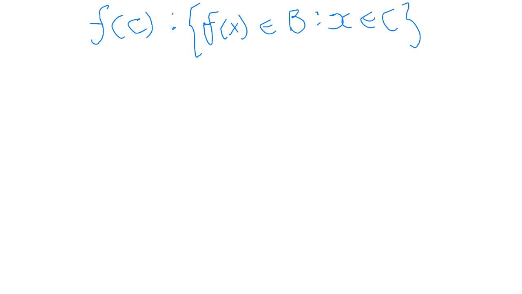The image or direct image of C is defined as that thing on the board. f of C is supposed to have a capital C. When we're talking about sets, it's always capital. Oh, I made a mistake here: equal. I know I said such that, I confused myself. It's defined as f of C, which is equal to the set of f of x in B, such that x is in C.